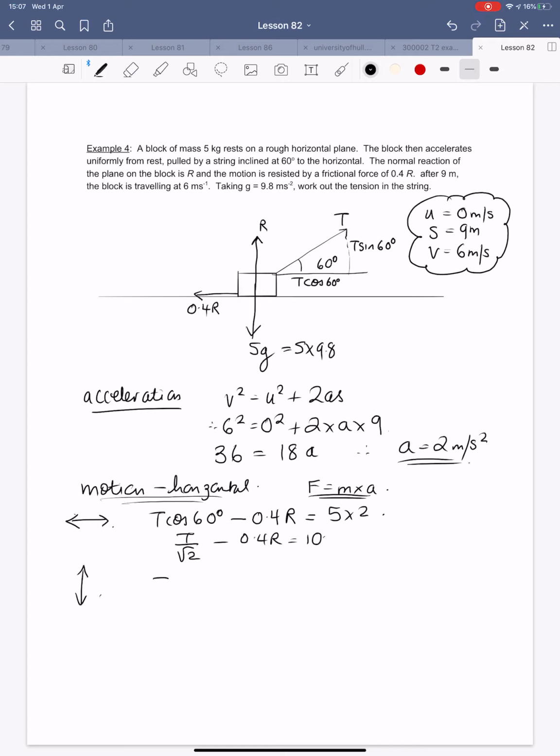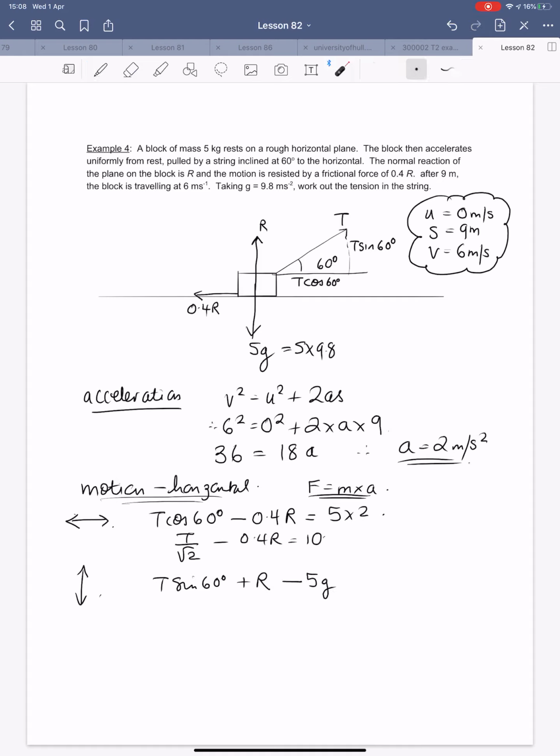Vertically, T sine 60 degrees plus R equals 0, because there's no vertical motion. Sorry, T sine 60 degrees plus R minus 5G.